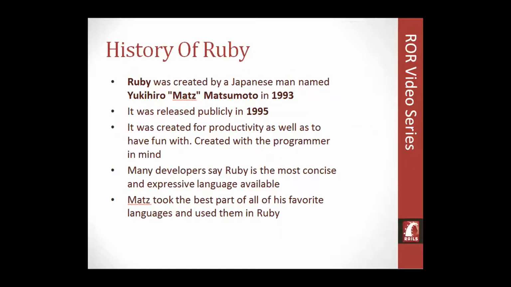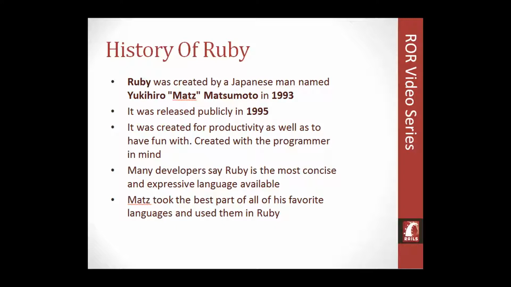So a little bit of history on Ruby. It was created by a Japanese man named Yukihiro Matsumoto, and he's better known as Matz, M-A-T-Z, and he created Ruby in 1993. It wasn't released to the public until 1995.